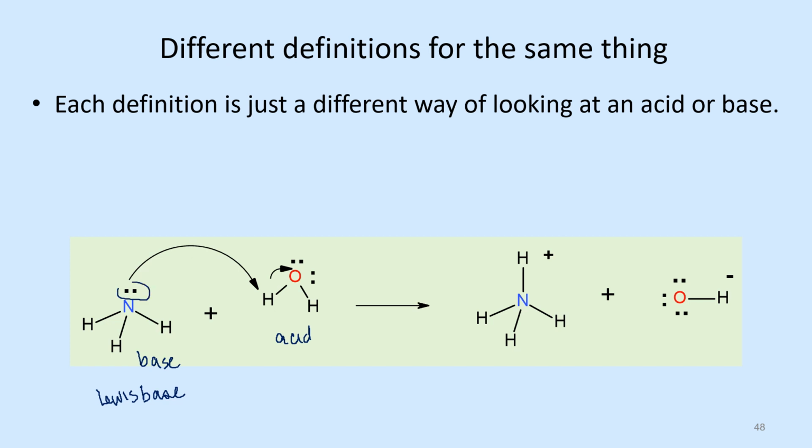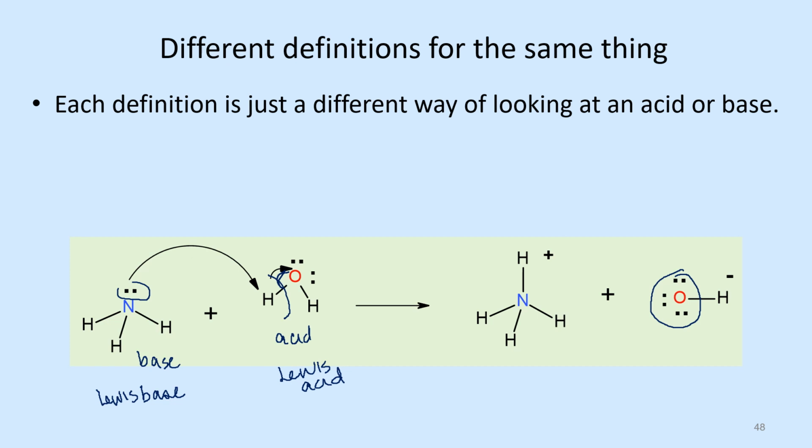A lot of times you'll see this: the arrow is showing where the electron pair is going. The electron pair is grabbing this hydrogen. And then these electrons that were between the hydrogen and oxygen now only belong to the oxygen. So now oxygen has gotten an electron pair, so it's accepted the electron pair, so it's a Lewis acid.